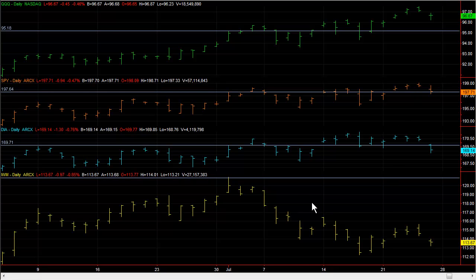Right now, this Russell moving to the downside is taking a lot of momentum out of the market, because these are the small cap stocks, and as this goes lower, that means that money's coming out of it, and that money has to flow into other areas. So some of it's been going into the NASDAQ, but a lot of it's also been going back into bonds.